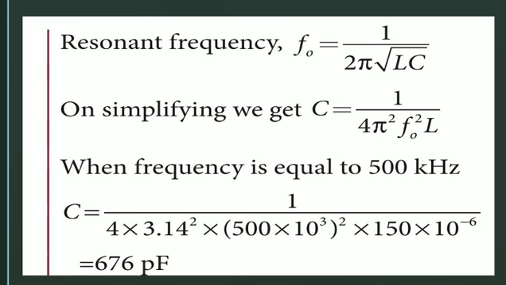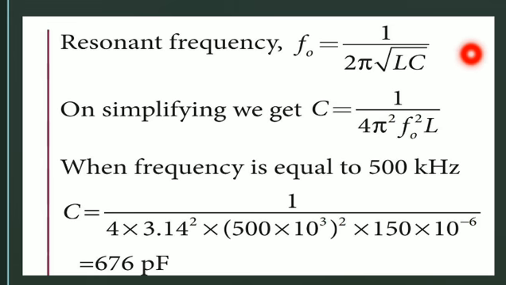From this formula, we take C outside. What will come? C square. Therefore F is equal to 1 by 2 pi root L into C square.